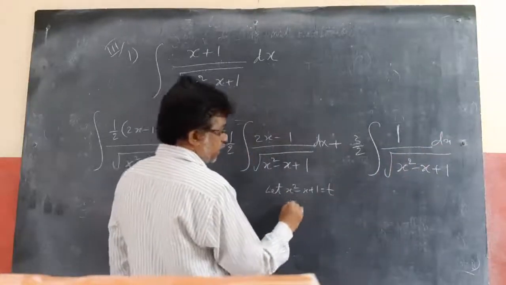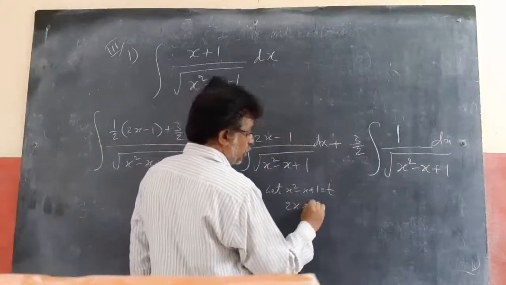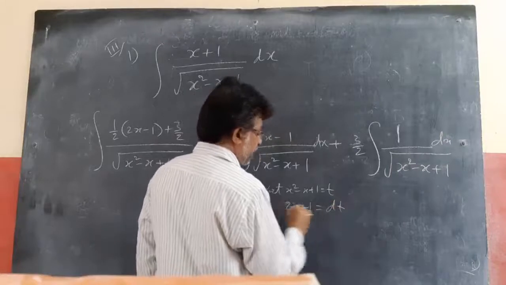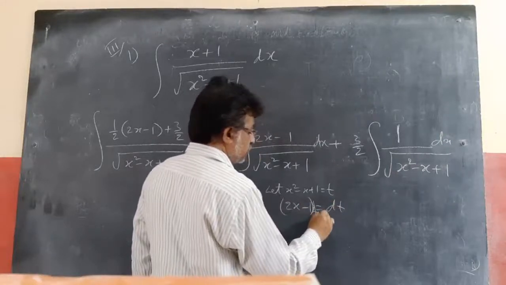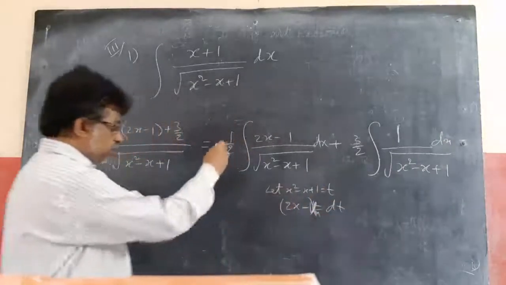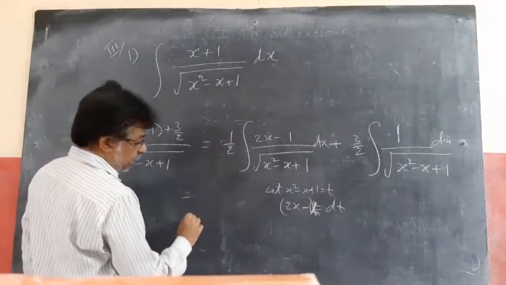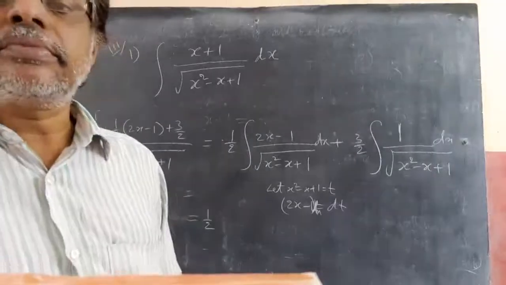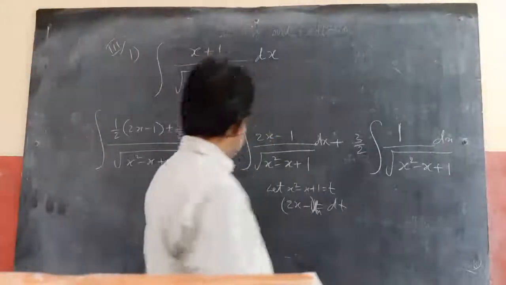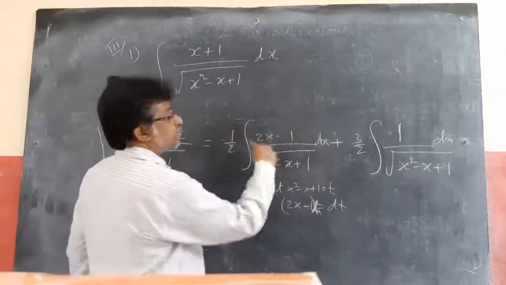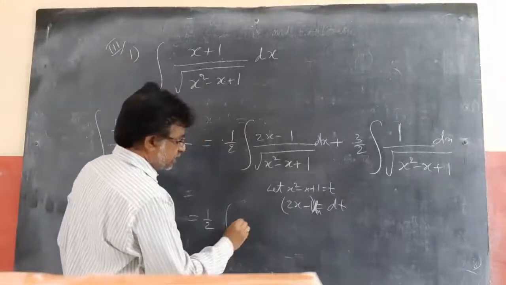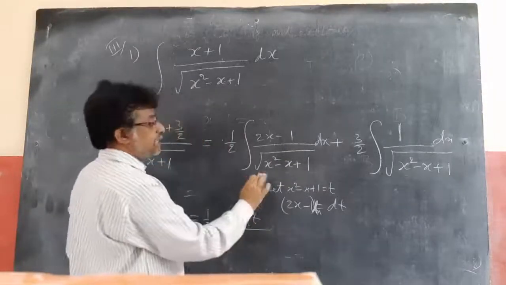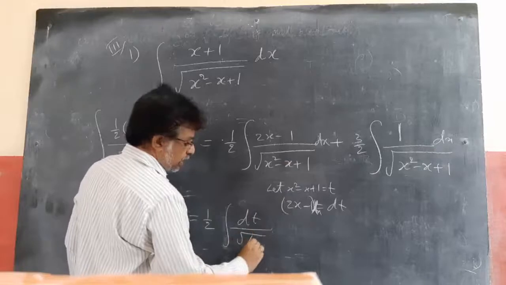So differentiating with respect to x, what do I get? 2x minus 1 equal to dt by dx. So 2x minus 1 into dx equal to dt. So instead of the numerator 2x minus 1 into dx, I can write simply dt. By this whole thing I can write root t.